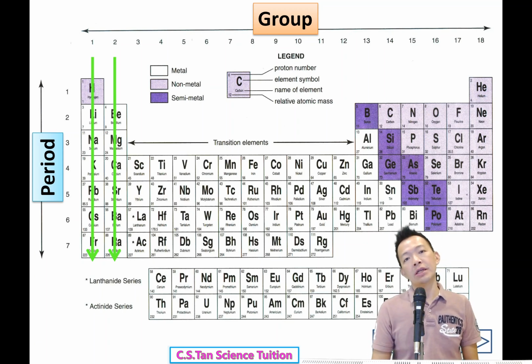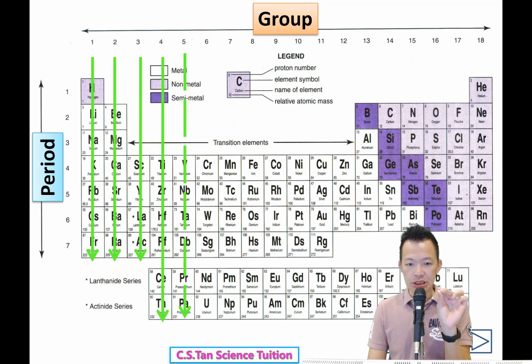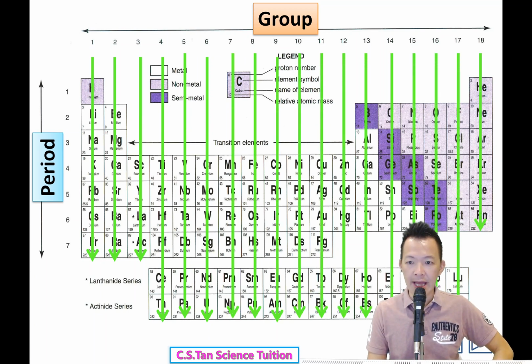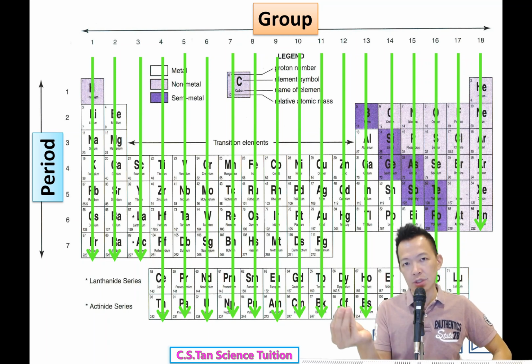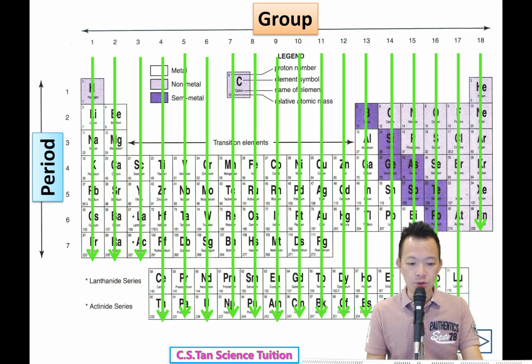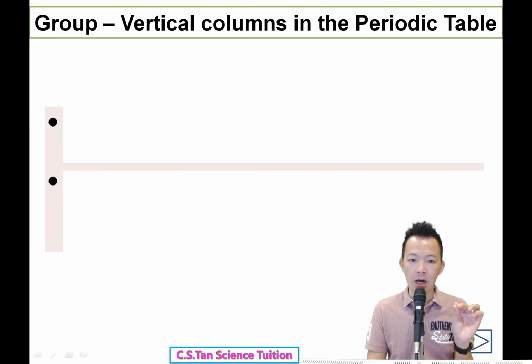Vertical means straight up and down, like a column. So what do we mean by group? Group means the vertical columns in the periodic table. And how many groups do we have? 18 groups in total. But if you are a general science student, you have just 10 groups, using Roman numerals. You use the Arabic 18 groups, but it is almost the same.